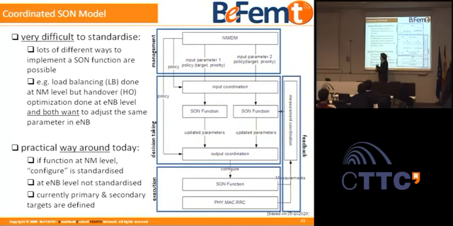Just to give you an example, the load balancing. If you look at the NM, which stands for network management, load balancing and handovers can actually contradict each other. If I'm fully loaded and my neighboring cell is very lightly loaded, I would like to hand over users.